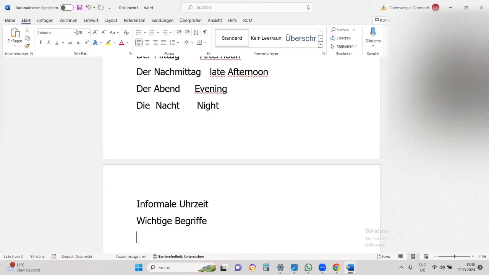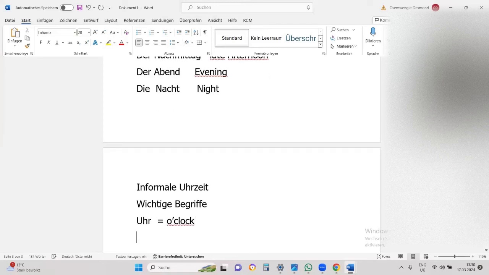So first of all, we have what we call Uhr, which means o'clock. I find it difficult sometimes using it, but just understand that it means o'clock. Then we have what we call Viertel.